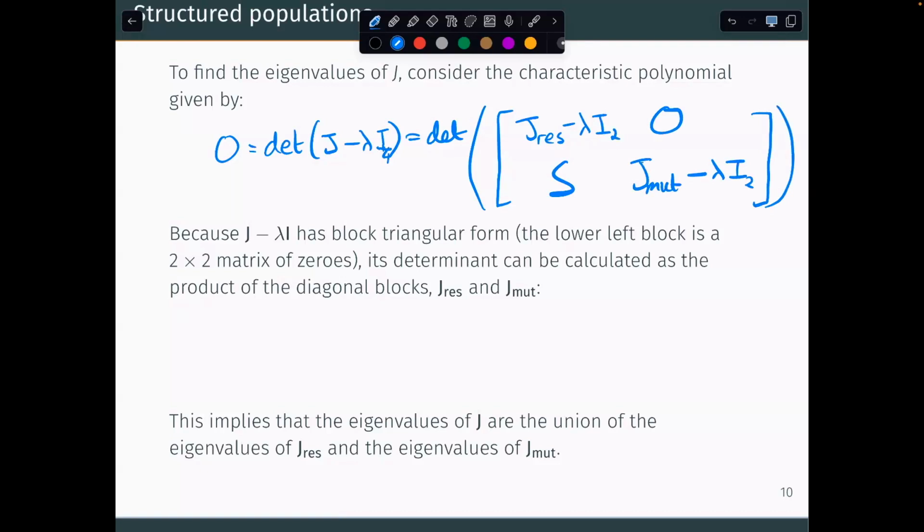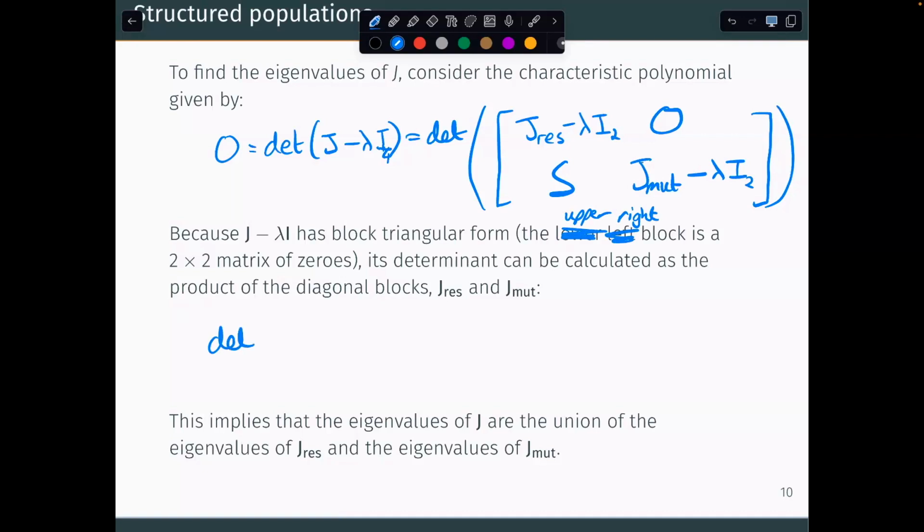Now, because this is in block triangular form, the upper right block is a matrix of zeros, so 2x2 matrices of zeros. It is written down the other way originally. So the determinant can be calculated as the product of our diagonal blocks.